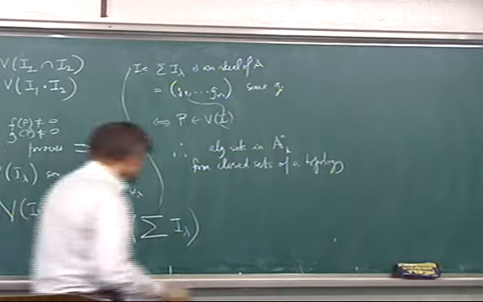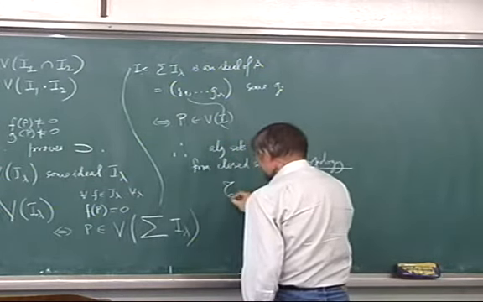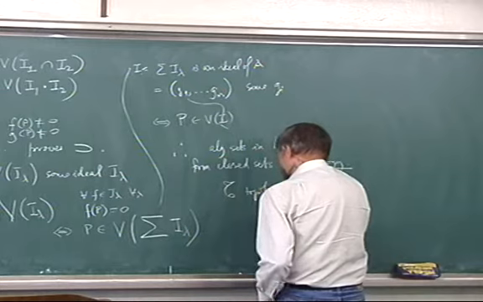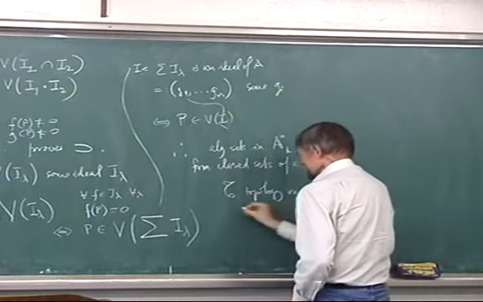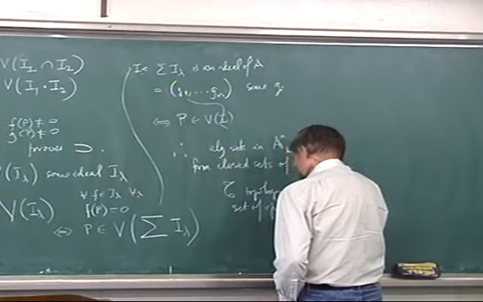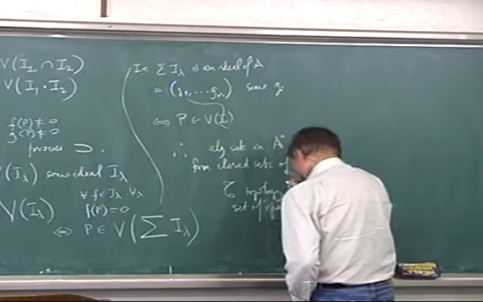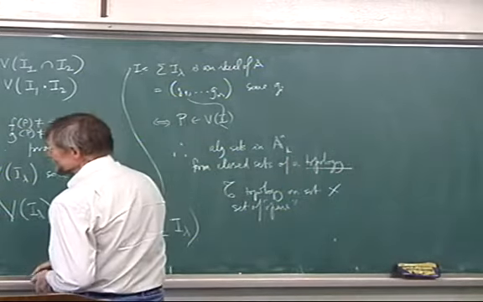A topology T on a set X is a set of open sets, and they satisfy the complement of these two properties.